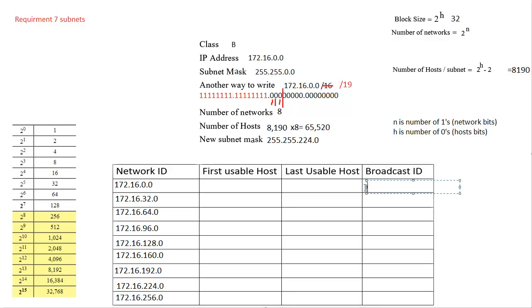The first 2 octets always remain the same. So the third octet and fourth octet will change now. So what is before this, 32.0?